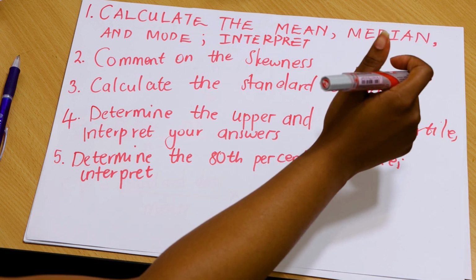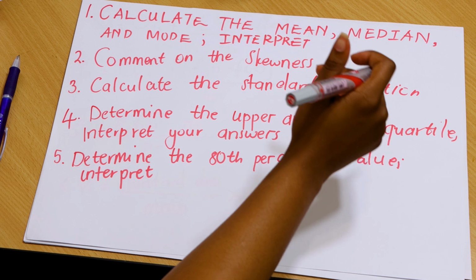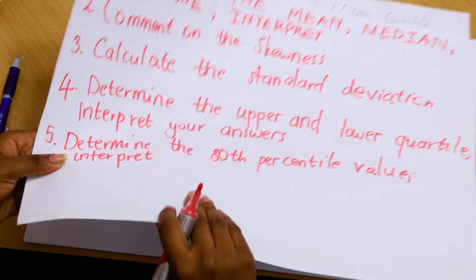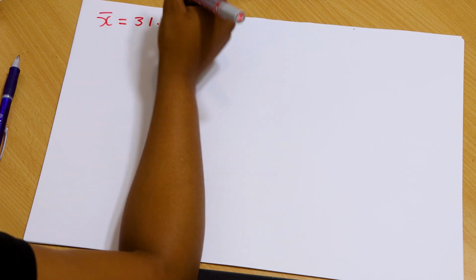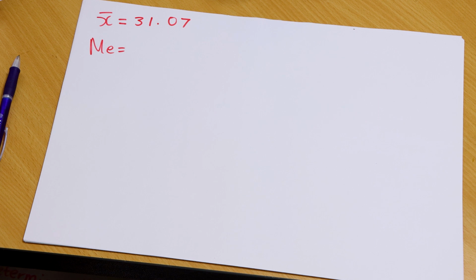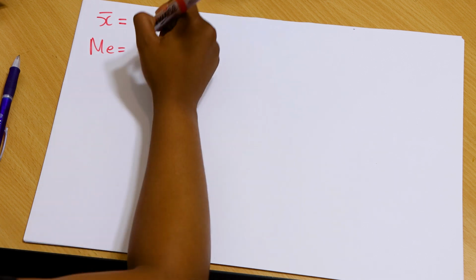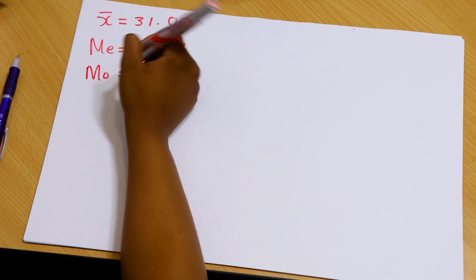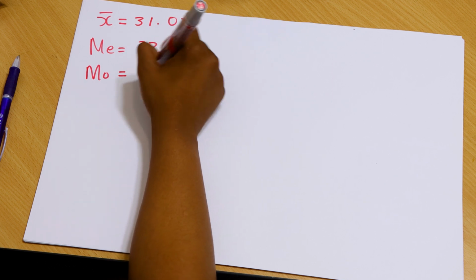Then we said the mean, we found it to be 31.07, and then the median, we found it to be 32.81, and then the mode, we said is 36.